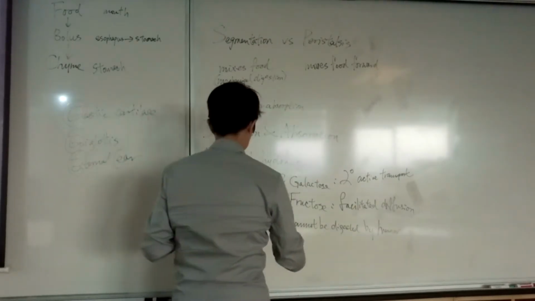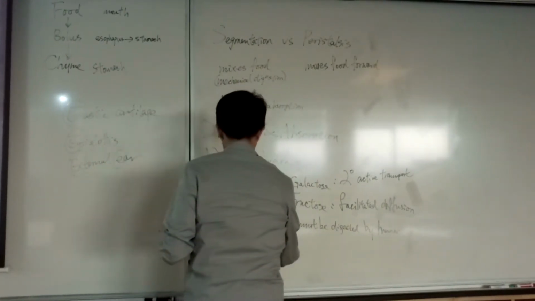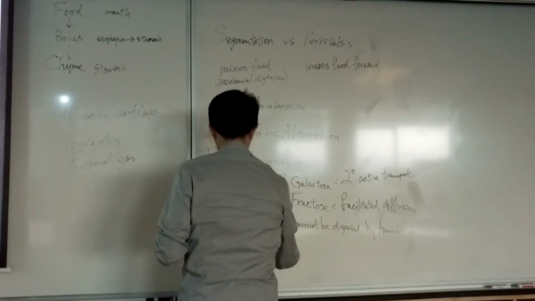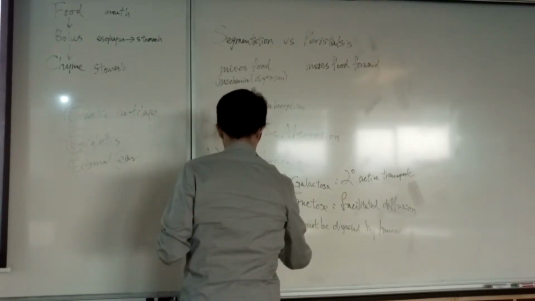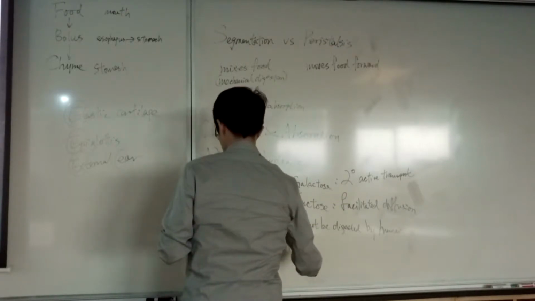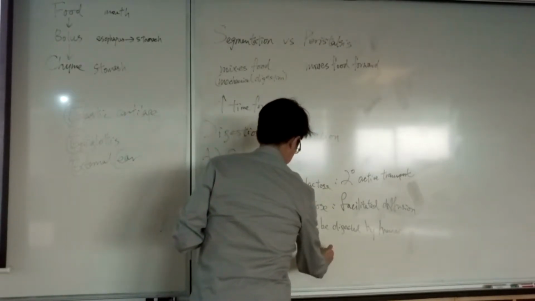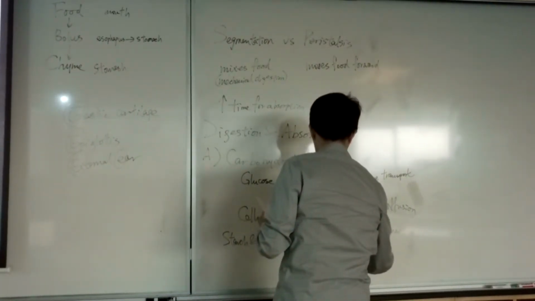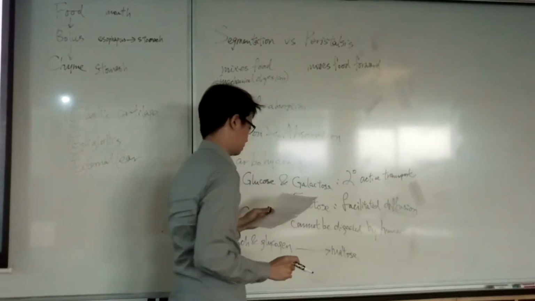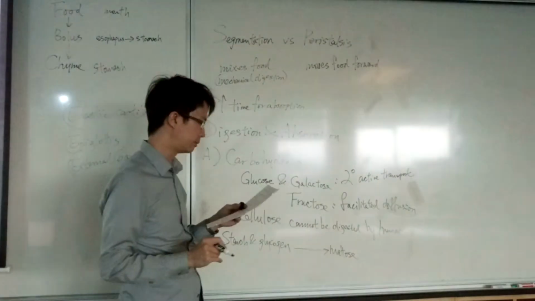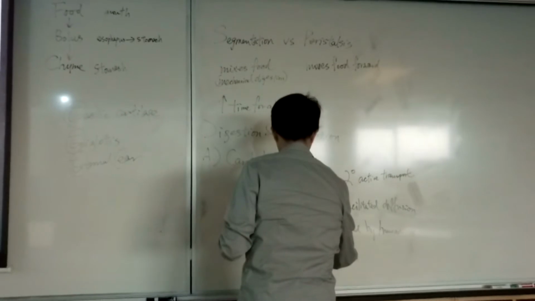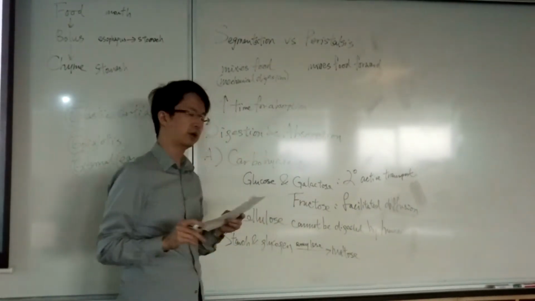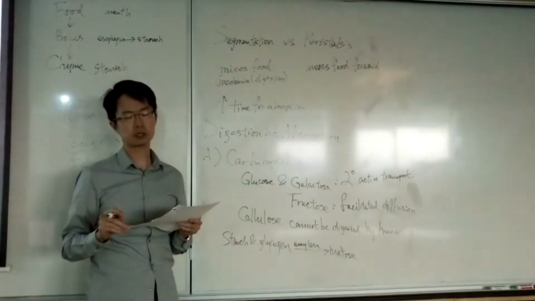And then for starch and glycogen, what enzyme breaks down starch and glycogen into maltose? Remember which enzyme? Yes, amylase. We have two sources of amylase.